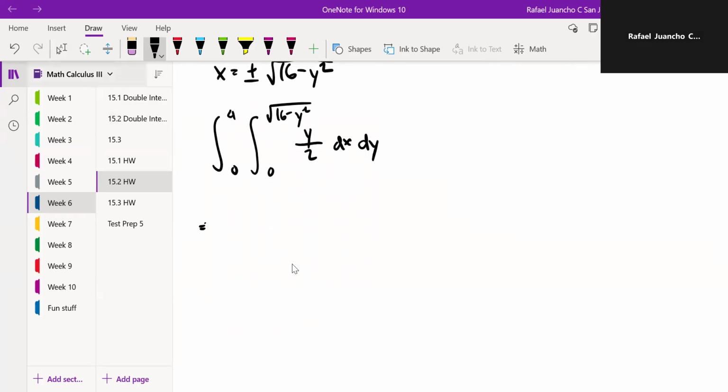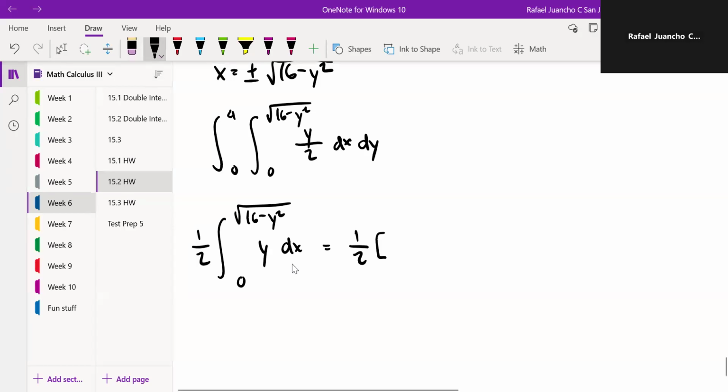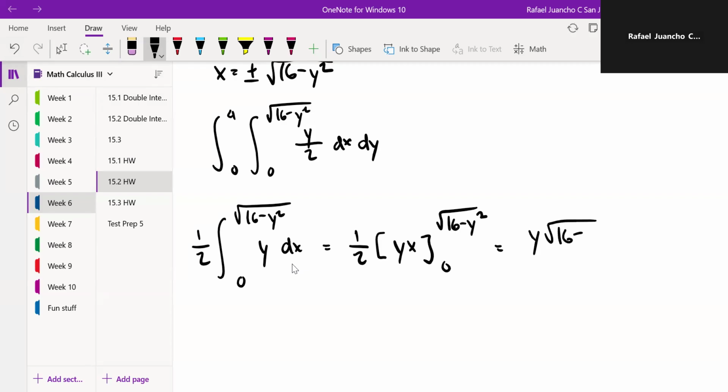And then from there, I can start integrating 1 half y of x, or yx. Just make it yx. I like putting my numbers up front. Okay, so here I would get y of this thing divided by 2.